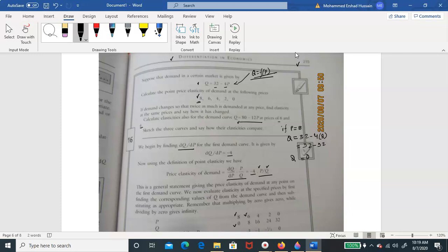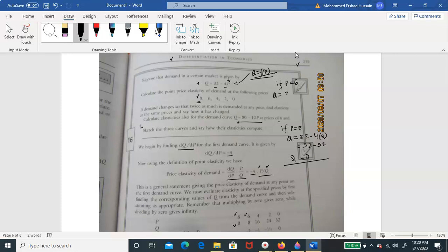Then what about p equal to 6? What is the demand when the price is 6? Let us solve that here. Again we substitute this in the demand function.